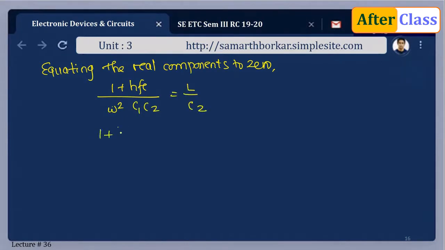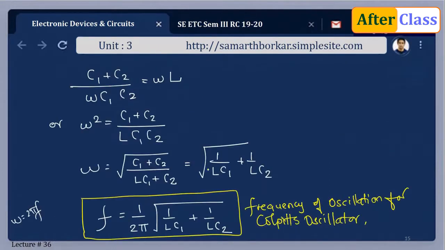Again simplifying this, 1 plus hfe equals to omega square C2 gets cancelled, L into C1. And I'll write since omega square equal to C1 plus C2 upon L C1 C2. How did I get this? From this expression. Fine.